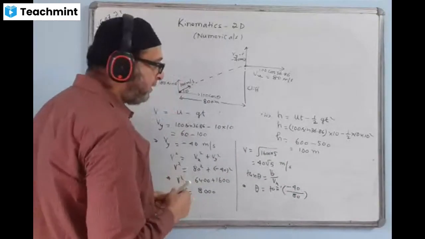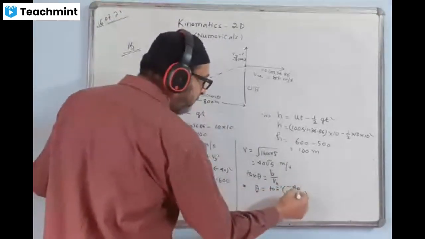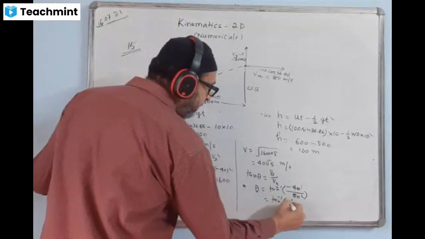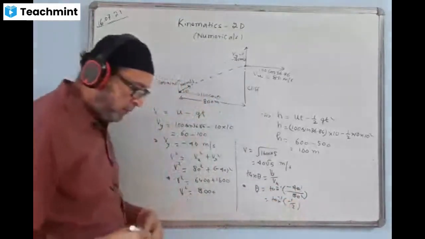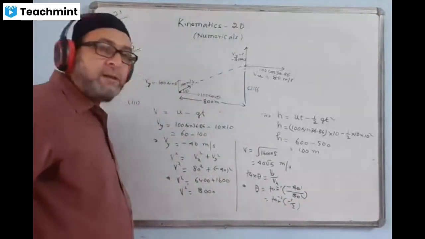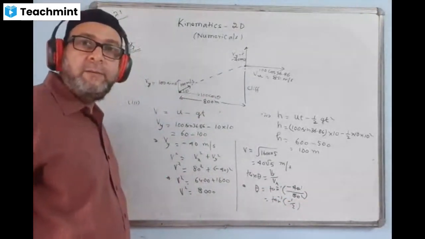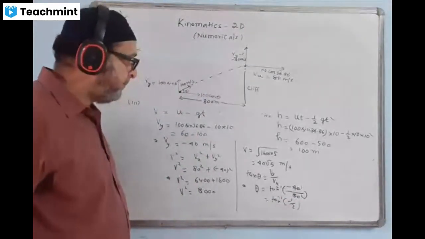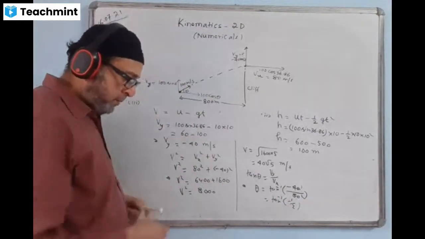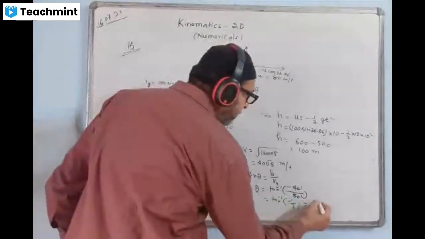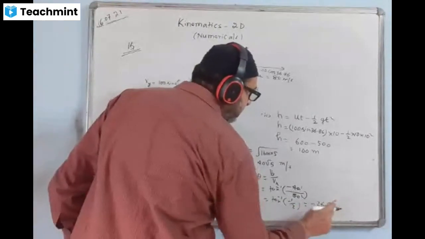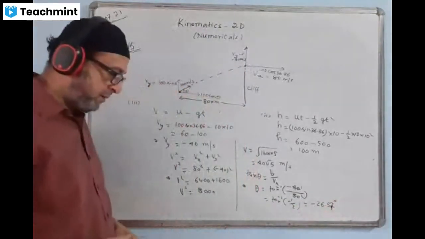So now let us find the answer. This will go 1 by 2. Tan inverse negative 1 by 2. What is the answer? Tan inverse minus half. How much answer do you get? So 26.56. Okay, write that answer. With the minus sign, 26.57 degree. That's the answer.